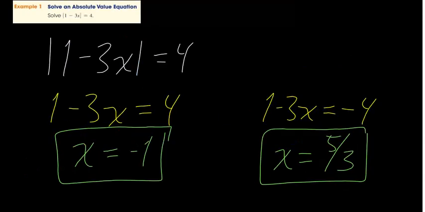Anyways, example 3: solve the absolute value less than inequality. Less thans are a lot easier because, unlike equal signs, we don't have to write two equations. We just have to make one equation. So here's how we do this. Let's think back to the number line we saw earlier.